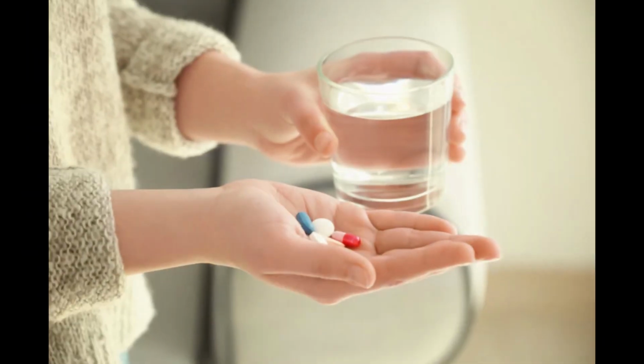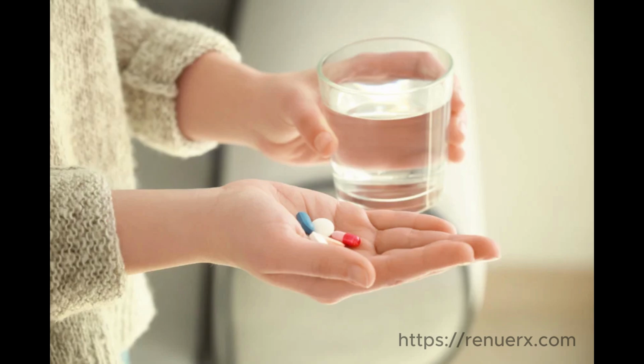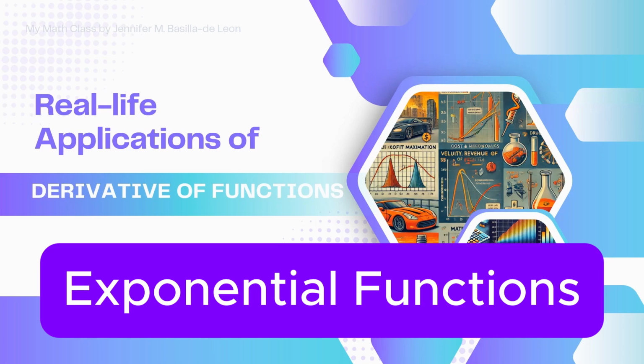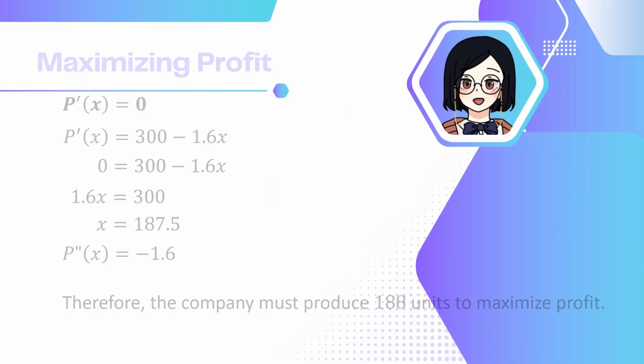Medicine is carefully dosed to ensure safety and effectiveness. One crucial factor is how quickly a drug leaves the bloodstream. This can be modeled using an exponential function.